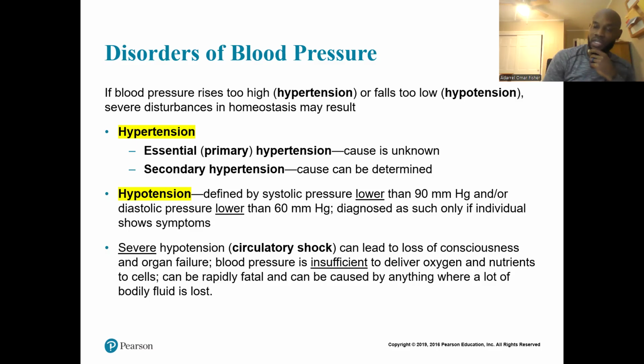If I had an accident and lost a lot of blood, my blood pressure would go down, which can be very dangerous. They both are dangerous. If I don't have enough blood pressure, the blood's not able to pump through my body, and therefore my organs and tissues won't get enough oxygen and nutrients, and that can cause death.